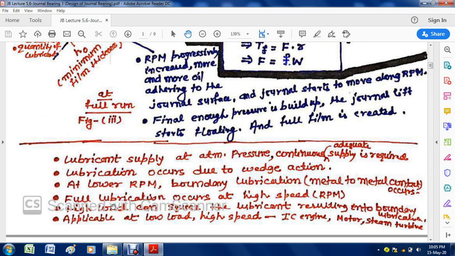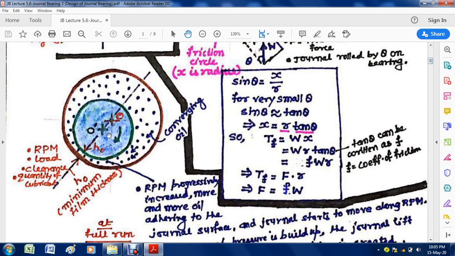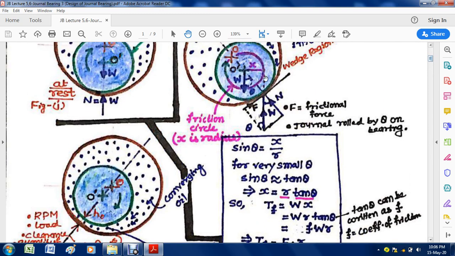High load can squeeze the lubricant, resulting in boundary lubrication. Very high load means a very high value of W. Here W is the radial load of the shaft on the bearing. A higher value of load W may squeeze the lubricant from this region, and again boundary to boundary, means metal to metal contact, occurs.